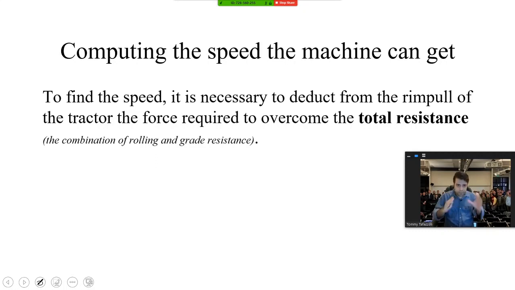To wrap it up, the effective rim pull force is the total rim pull force minus total resistance.